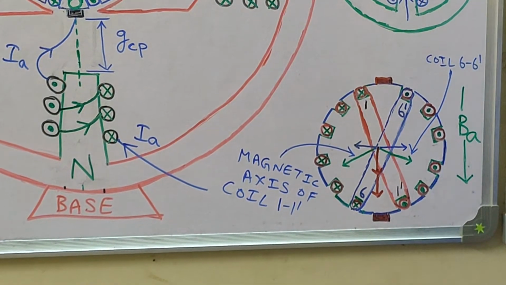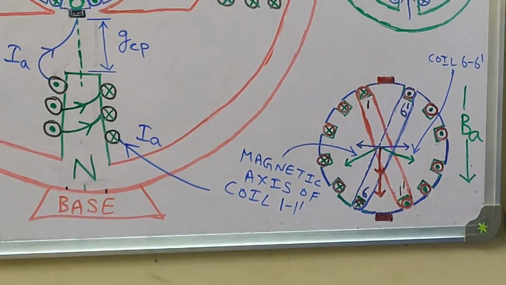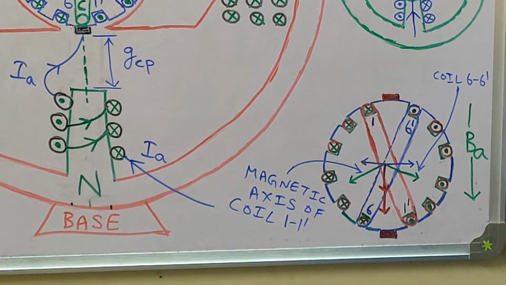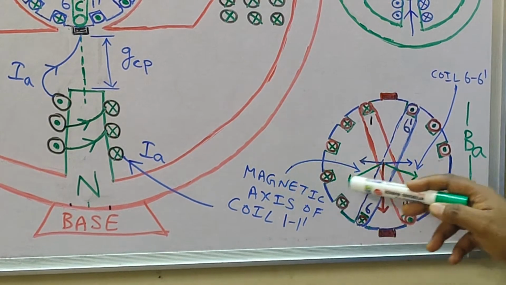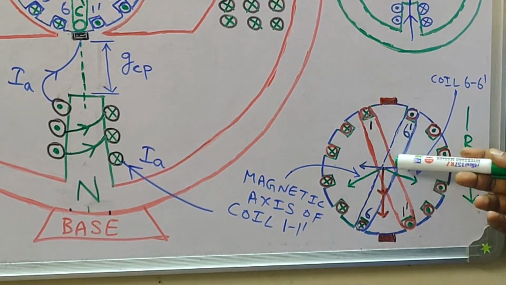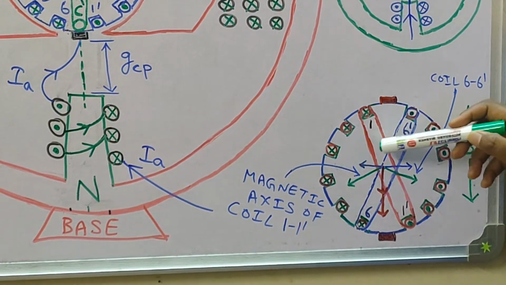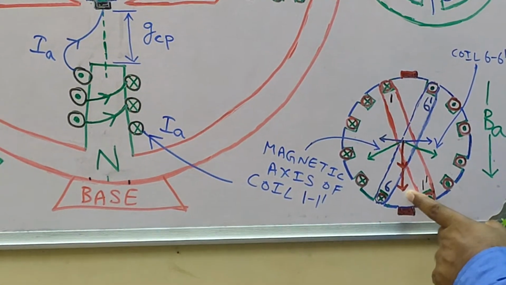Now what is the second step we have done? We have taken the component of the MMF due to coil 11 dash along two axes, one along the horizontal axis shown by the blue line and another along the vertical axis shown by the red line.